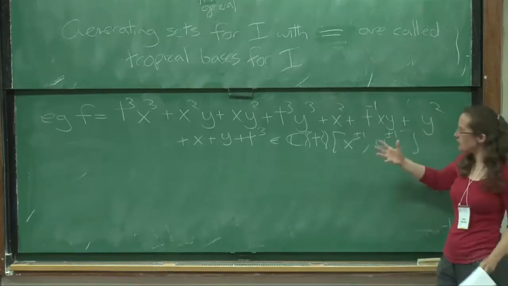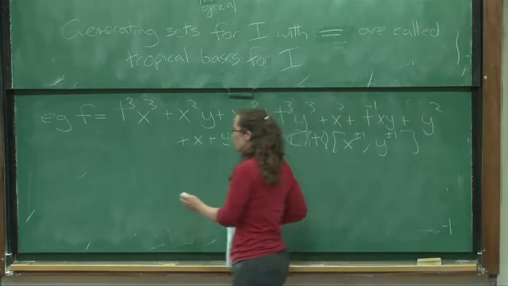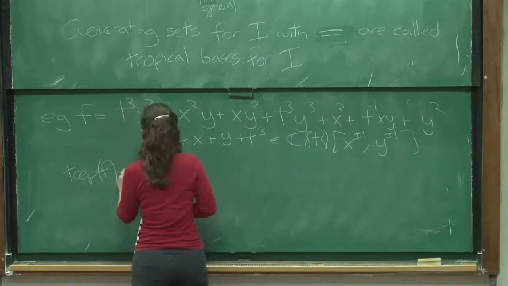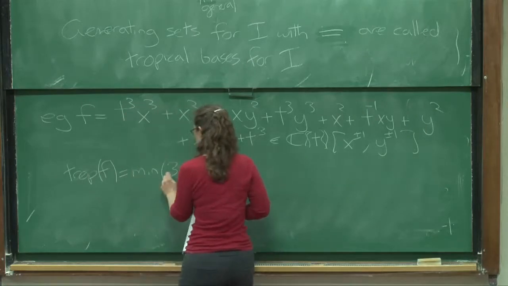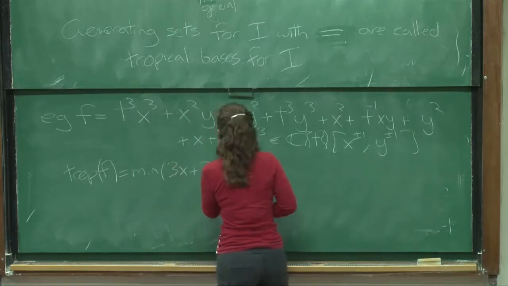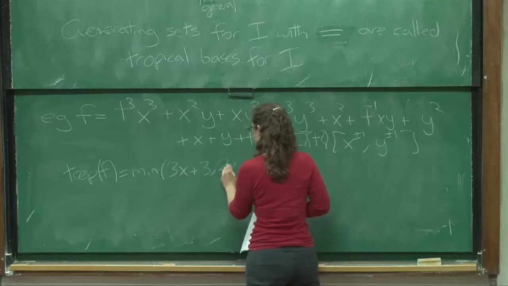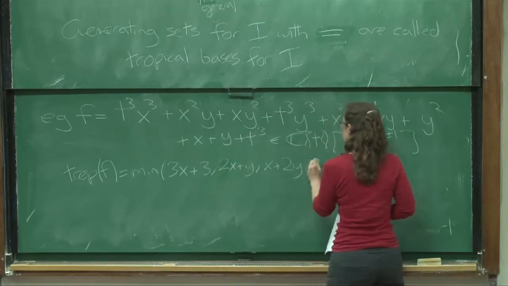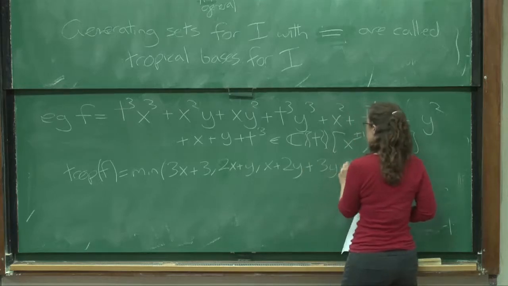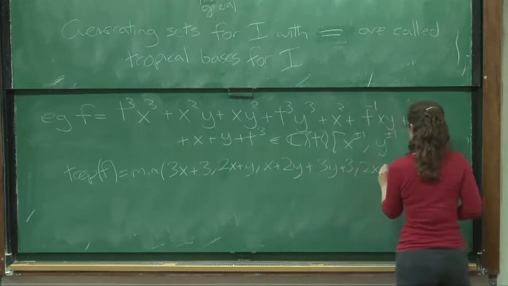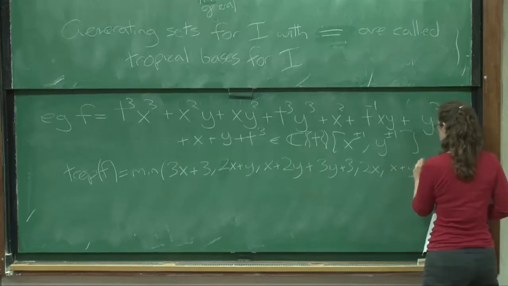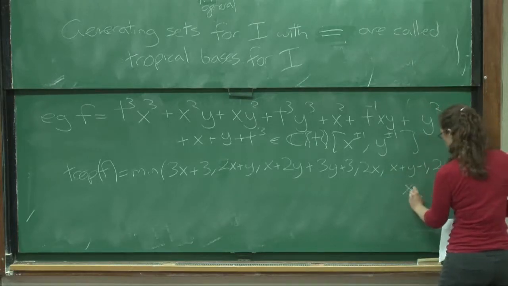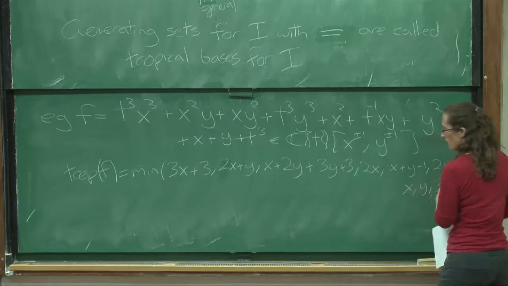Okay, so the first thing we do is we tropicalize this. So trop f is going to be the minimum of 3x plus 3, 2x plus y, x plus 2y, 3y plus 3, 2x, x plus y minus 1, 2y, x, y, and 3.